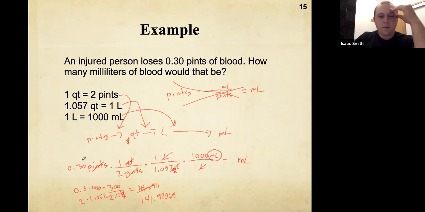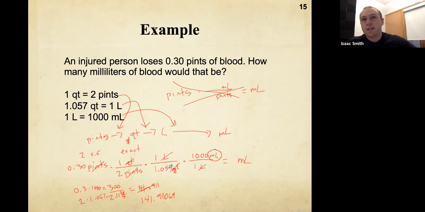So let's go through these numbers. 0.30, that's 2 significant figures. Quarts to pints: quart and pint are both in the US system, so that's an exact conversion. Liters to quarts is between the US system and the metric system, so since this is across systems, we actually look at sig figs.